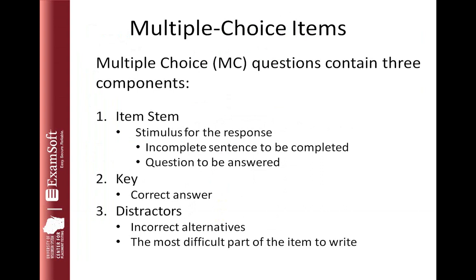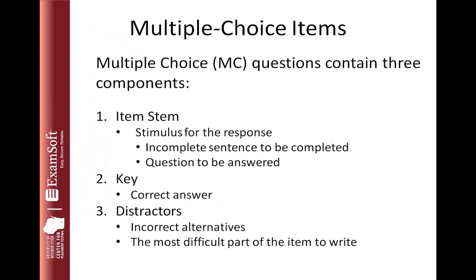And this is usually the most difficult part of the item to write. However, whether or not a multiple choice item is doing what it's supposed to do and you have an effective test item very much depends on you having strong distractors. You need to have 1 or 2 good incorrect alternatives in order to have an effective question.